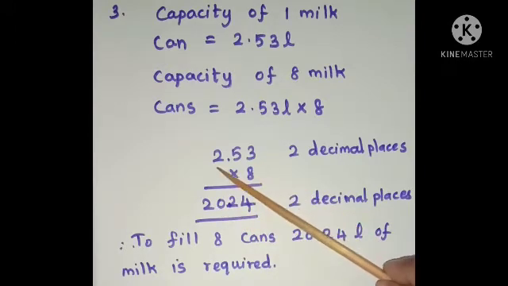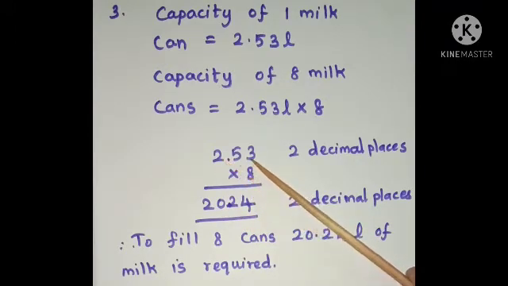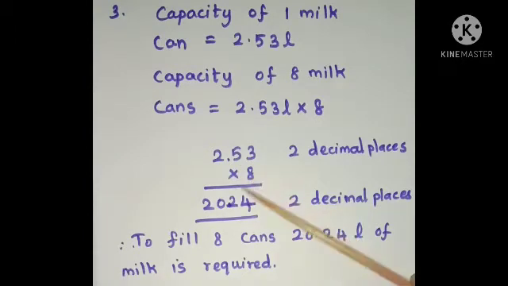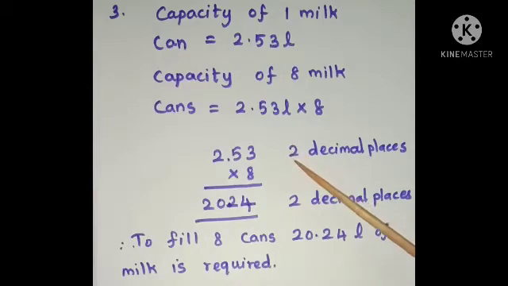Children, here when you multiply 253 by 8, you get 2024. Since in the first decimal number there are 2 decimal places, you have to move the decimal point before 2 digits, 1, 2. Therefore, the decimal point will occur between 0 and 2.